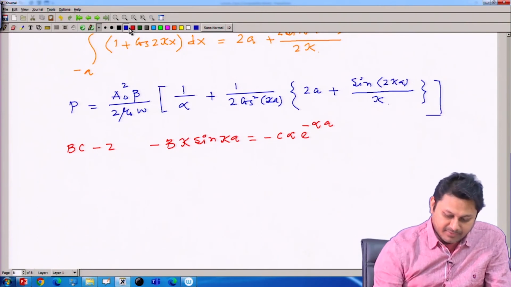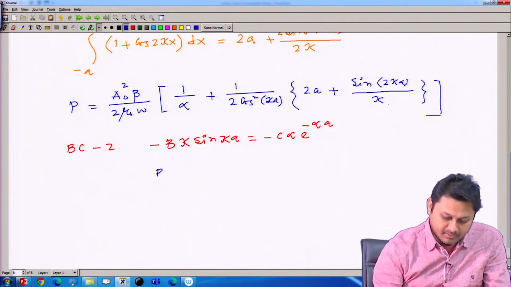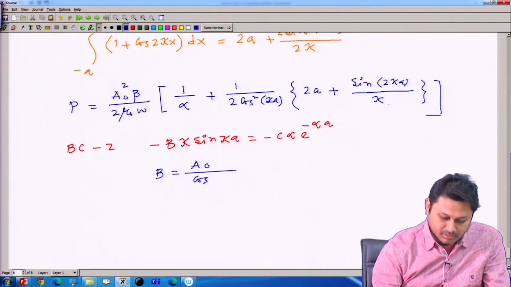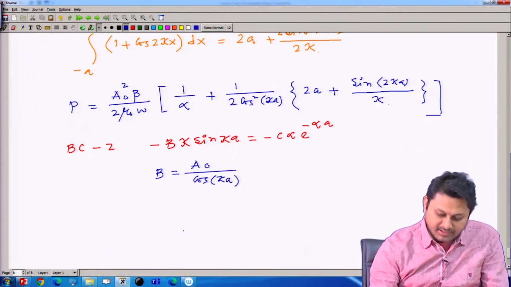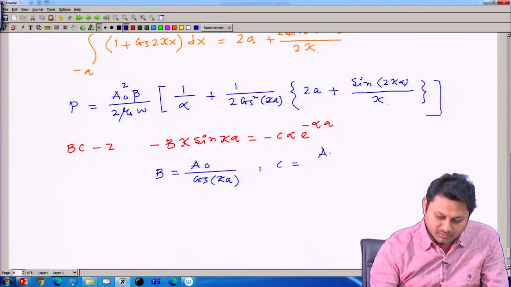Now, we already have B as A0 of cos kappa a. This is what we already have, and C is how much? A0, from the boundary condition 1 I already have this.